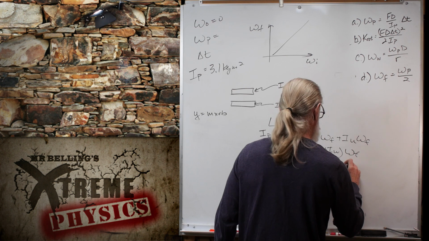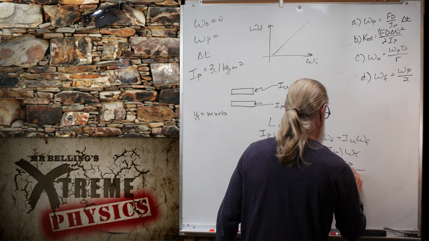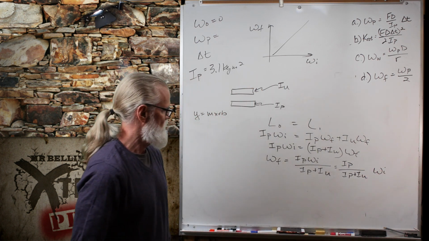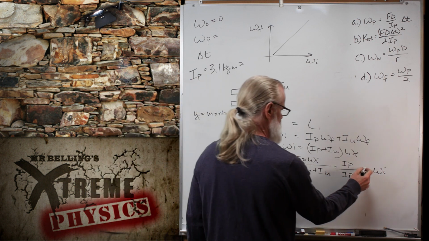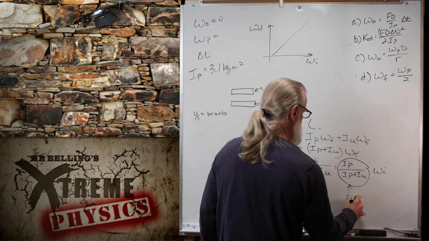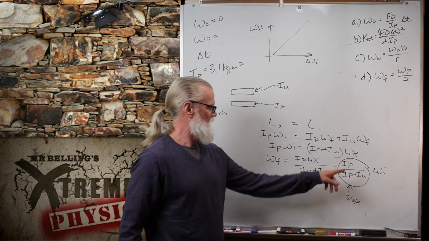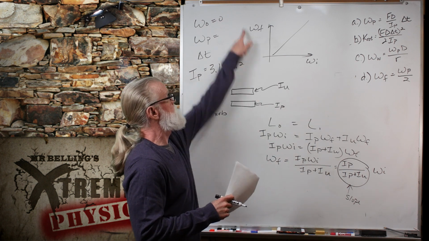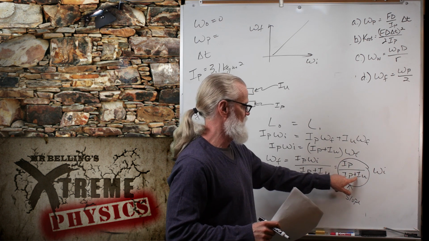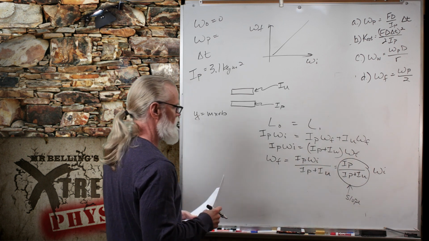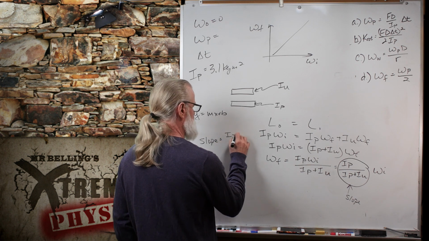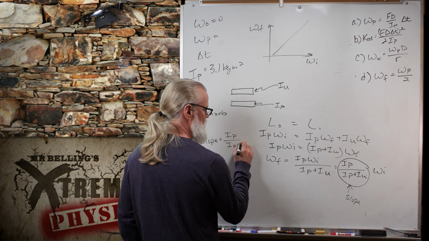I could just rewrite this as IP over IP plus IU, times omega initial, where this is the slope. There's the slope. So this is y equals m x. Slope is IP divided by IP plus IU, times omega initial. So all we need to do is say slope equals IP over IP plus IU.